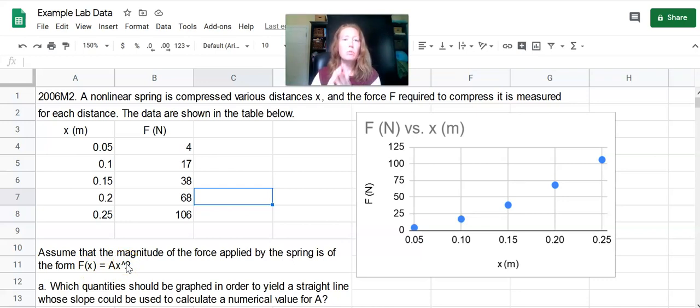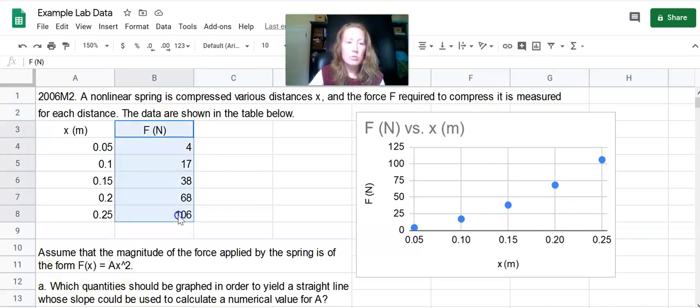So there are two right answers to this first question. You can either graph square root of force and x, or you can graph force and x squared. I guess I'm going to choose to square x.